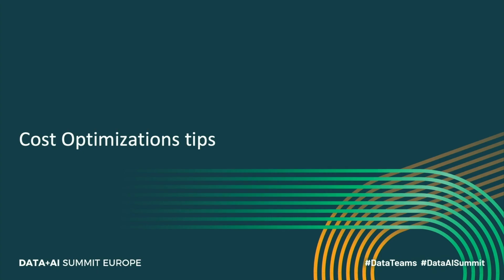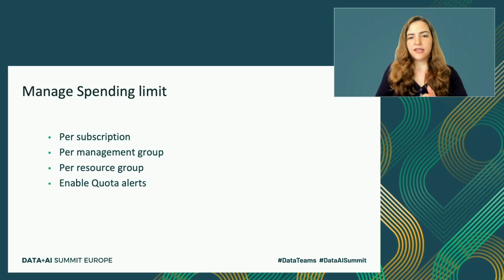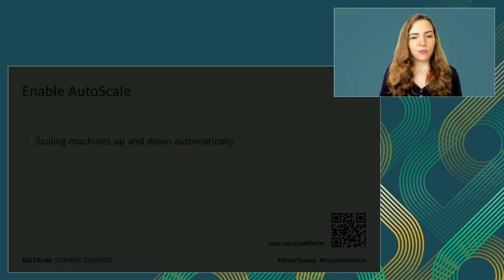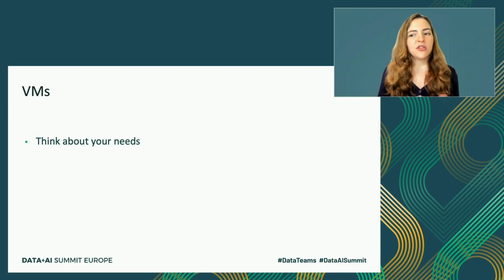Let's go quickly over the tips, and this is also going to be our wrap up for the session today. So we already understand we need to somehow manage our spending. We need to understand if it's for a subscription, for a managed group, for a resource group, or should we enable some quota alerts as well. Most of the clouds enable us to create these quota alerts. It actually helps us with navigating and understanding what's going on in terms of costs. We know that we should enable the different autoscale.